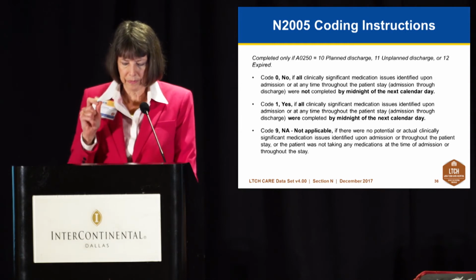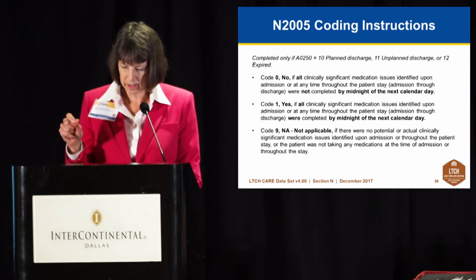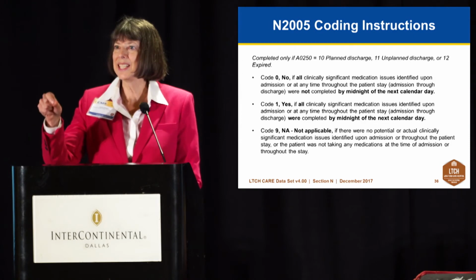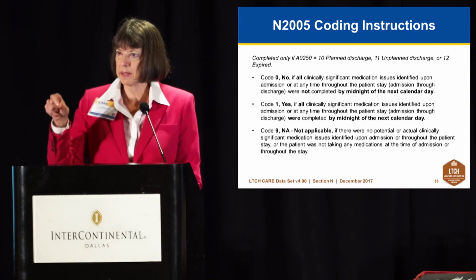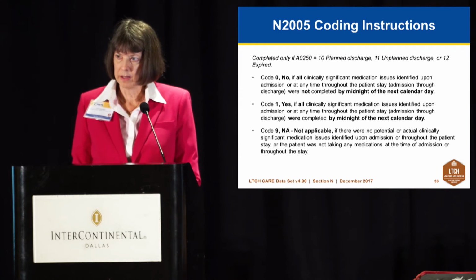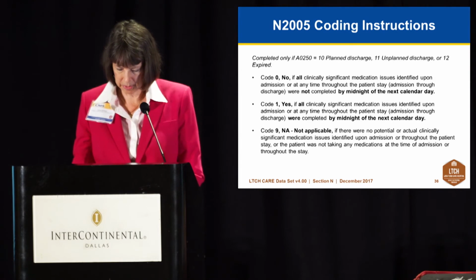Also, another example would be at admission or any time during the patient's stay, the clinician did not complete all of the intended actionable steps that were prescribed by that physician for all of those identified potential or clinically significant medication issues by midnight of the next calendar day.